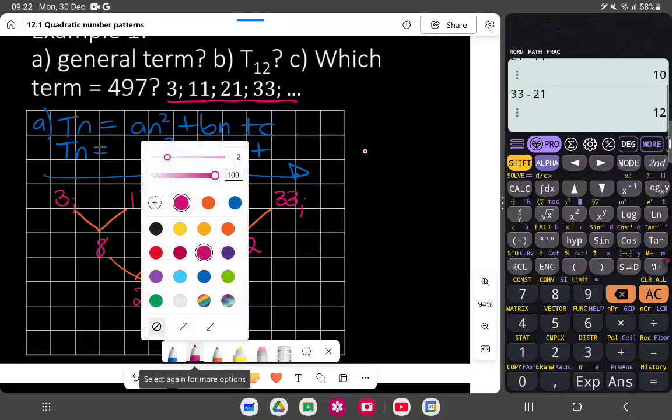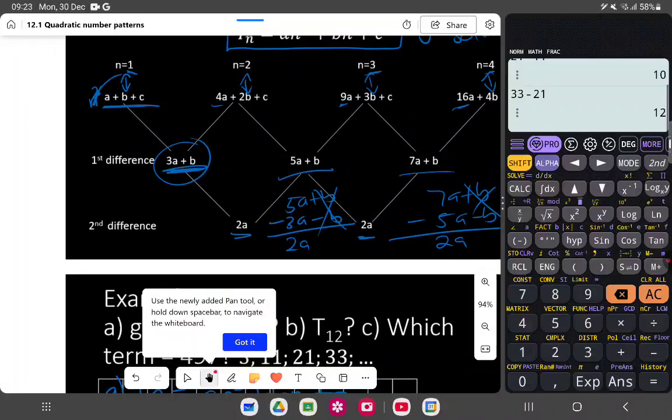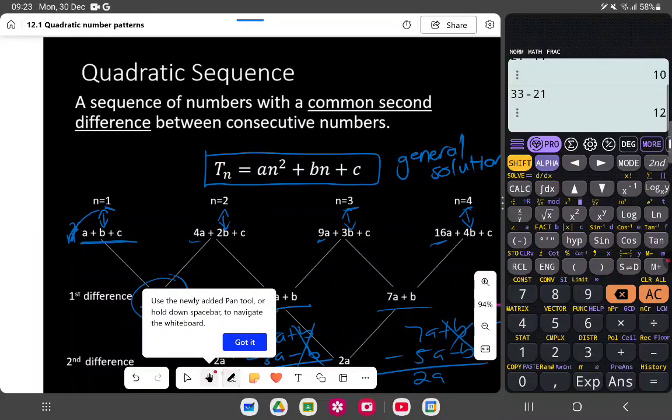According to this pyramid, we know that we are sitting with A plus B plus C, right?